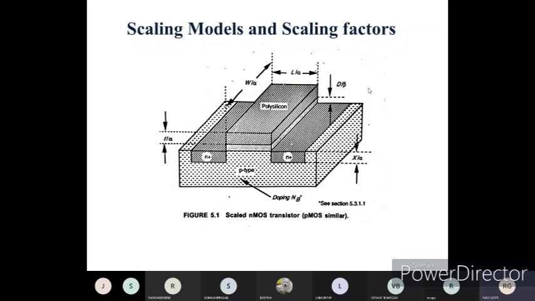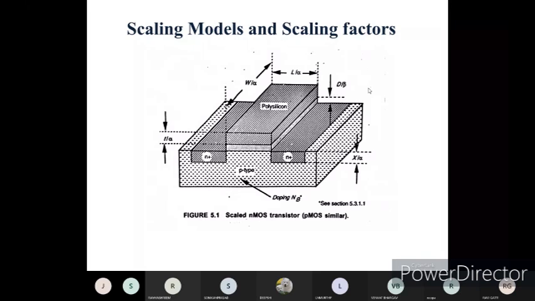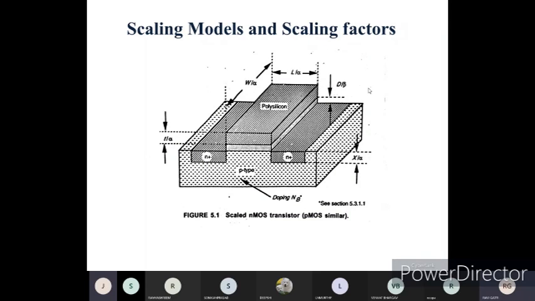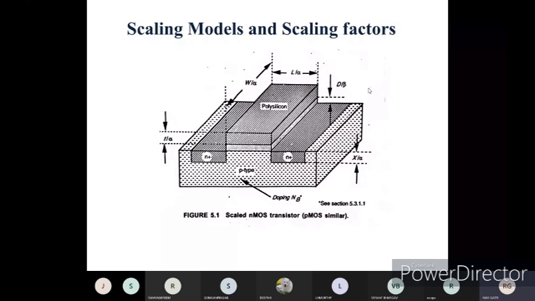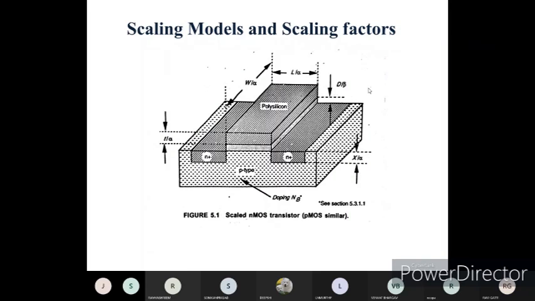Yes, anyone? When are we going to use this 1 by beta and when are we going to use this 1 by alpha? Yes, Jyoti. Sir, gate capacitance. No, I'm telling in general, you tell me when I am going to use 1 by beta and when I am going to use 1 by alpha. For which parameters should I use 1 by alpha and for which parameters 1 by beta?